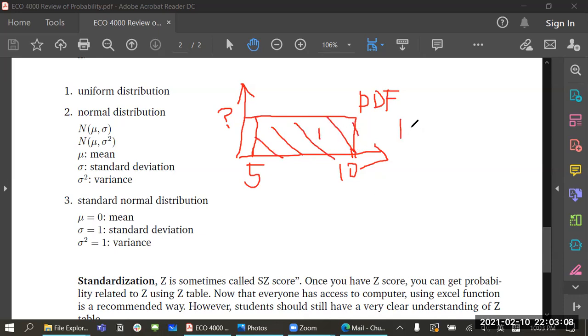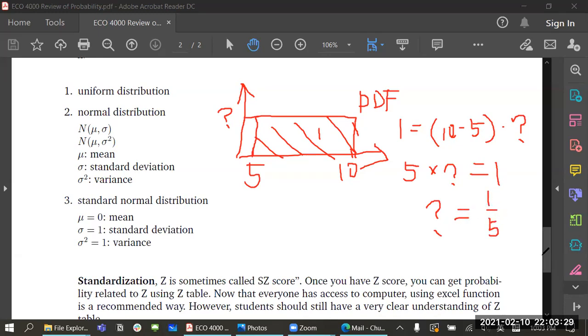So the area equals base times height. How much is the base? It is 10 minus 5. The height, I don't know. So 5 times the height is 1. Then I can calculate the height, which is 1 over 5.